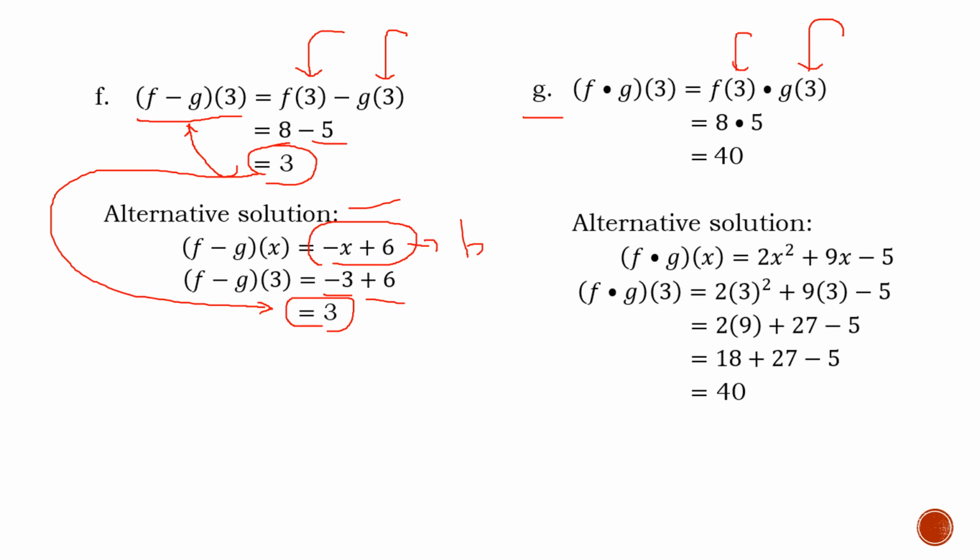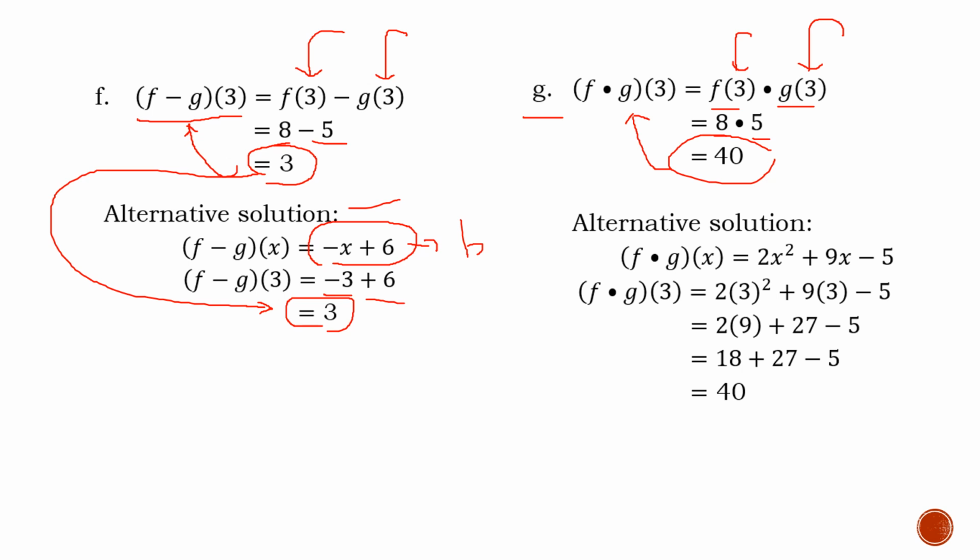So we just simply copy the values of your f of 3 and g of 3 from your letter E. So 8 multiplied by 5, it's 40. So that will be the value of your f multiplied by g of 3.